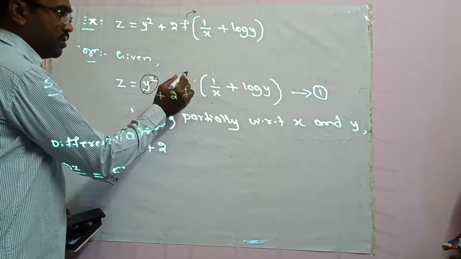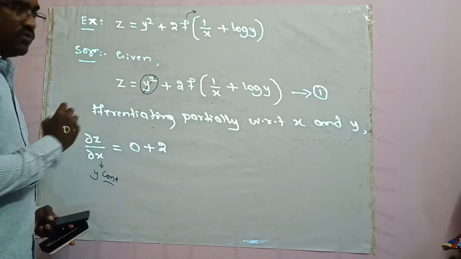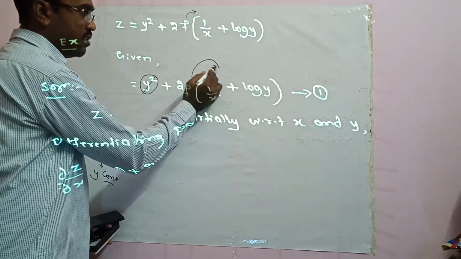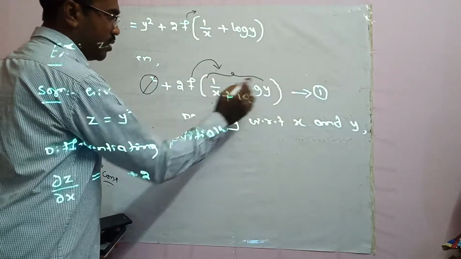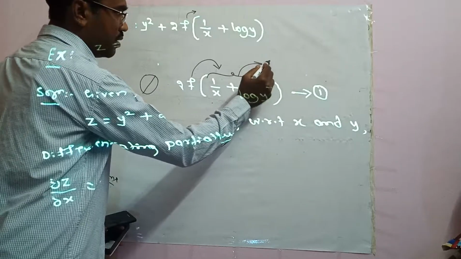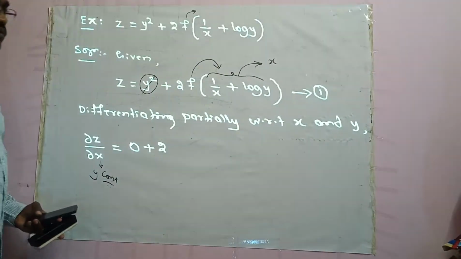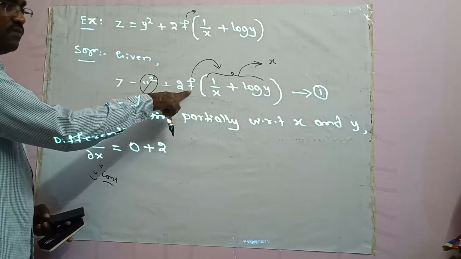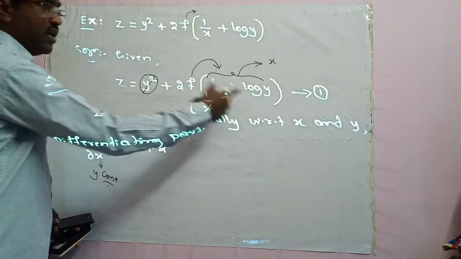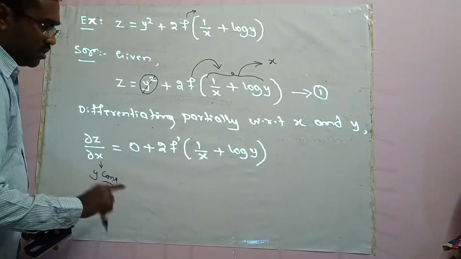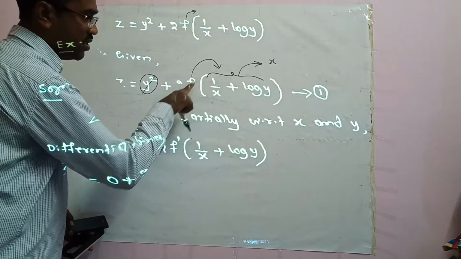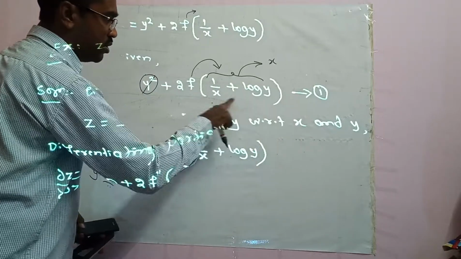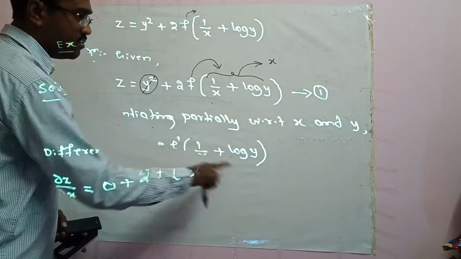Now here, function of a function. F depends on this, but this depends on x. If you differentiate f first, you get f dash of the whole thing. If you differentiate f with respect to this, you will get f dash.